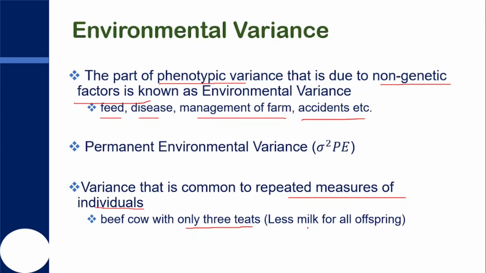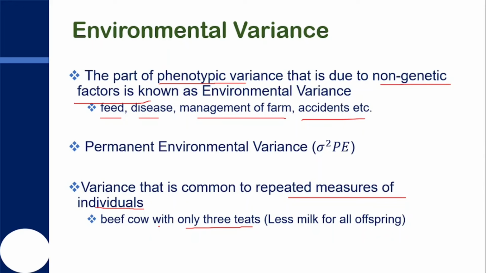The part of variation that arises due to this type of environment, which is permanent to the individual, is a permanent source of variation in the performance of its offspring.